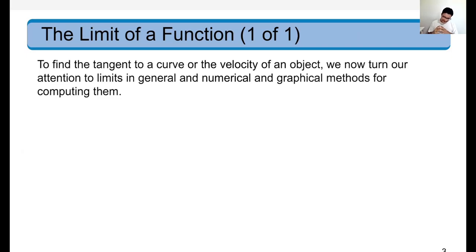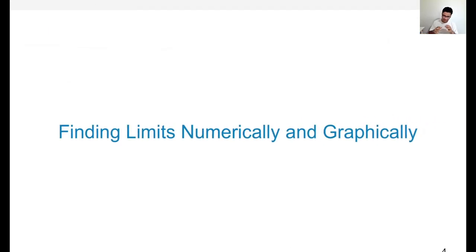To find the tangent to a curve or velocity of an object, we now turn our attention to limits in general and numerical and graphical methods for computing them. Okay, now, what we did in the previous lesson, now we are doing formally, numerically and graphically.